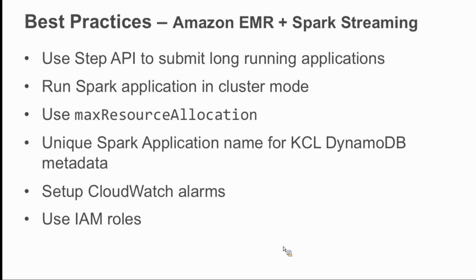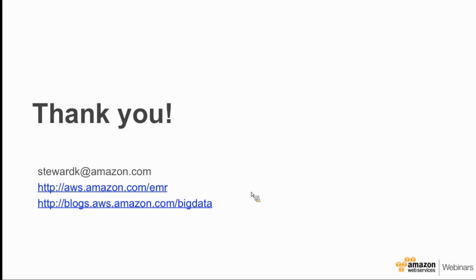There's some internal tracking of the streams and the connections to downstream consumers, so make sure you use a unique application name for your Spark application that's going to be the Kinesis client. And set up CloudWatch alarms for EMR to keep track of performance there as well. And use IAM roles for your security. Okay, so that's it. I think we're ready for questions.